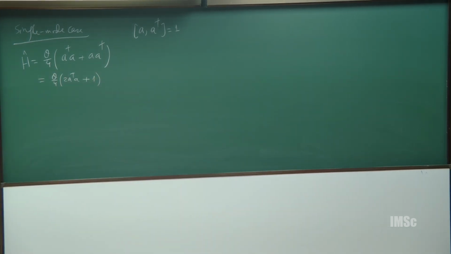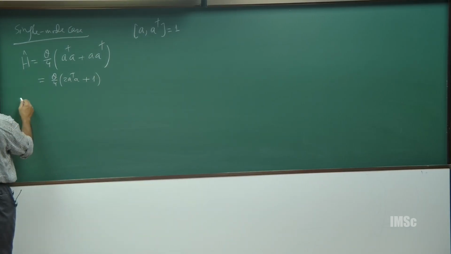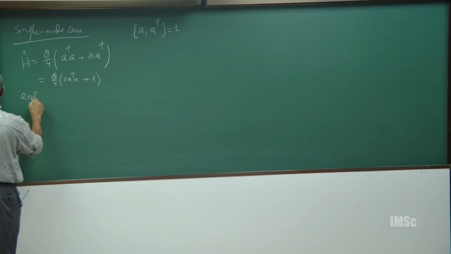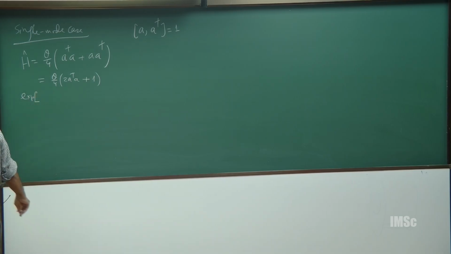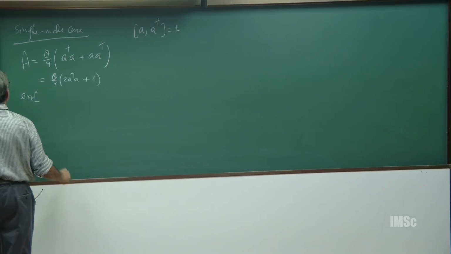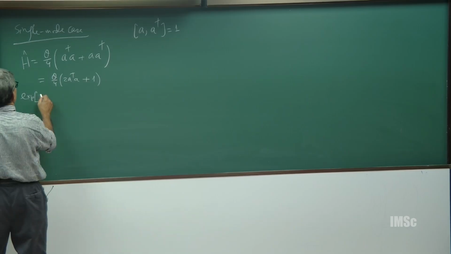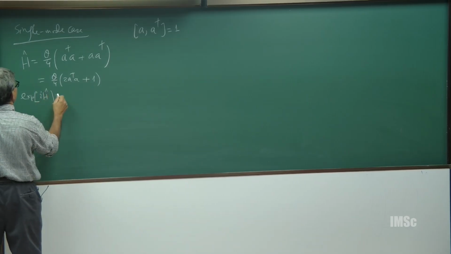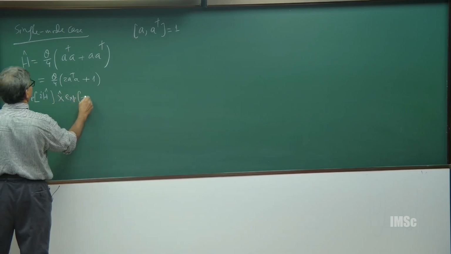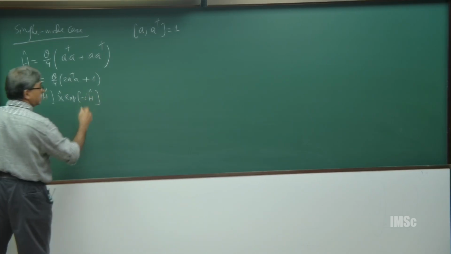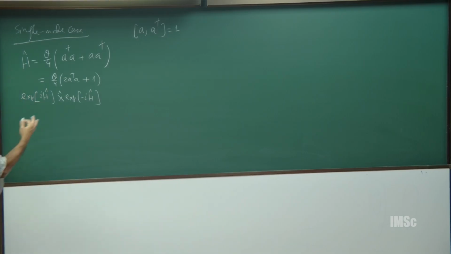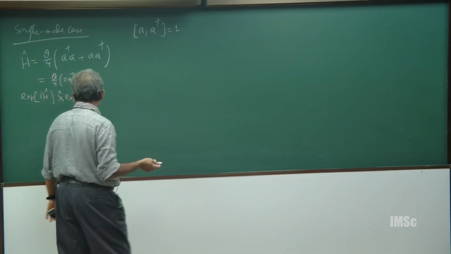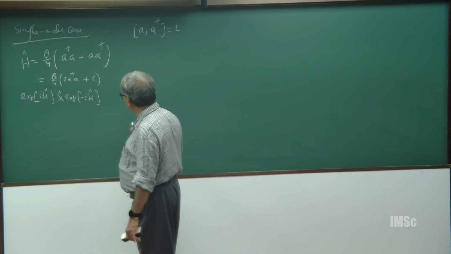Okay. And now, you can figure out what will be the action of, let us say I apply exponential of iota H, then this x, then exponential of minus iota H. Okay. And you can figure out from here that this should be of this form.